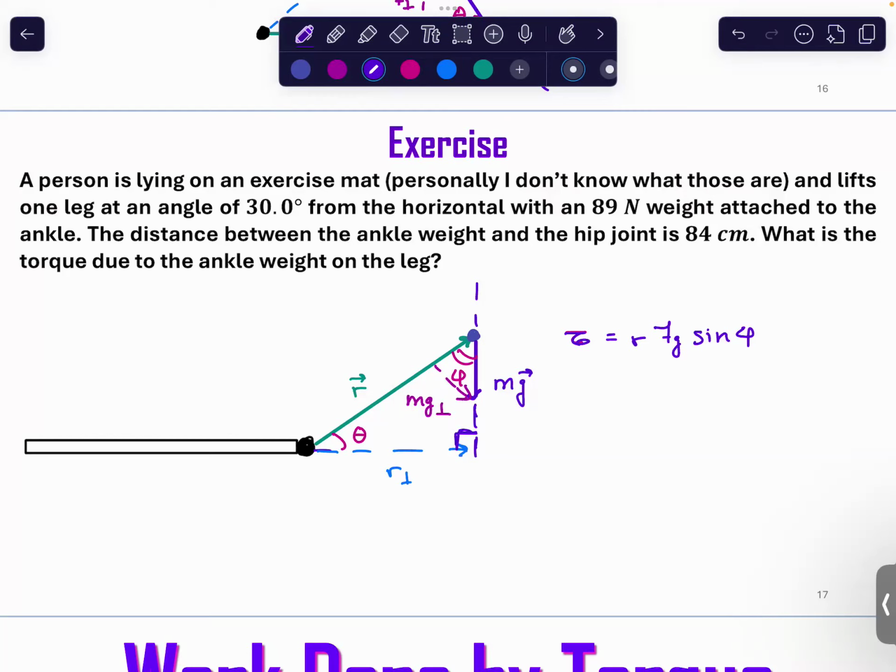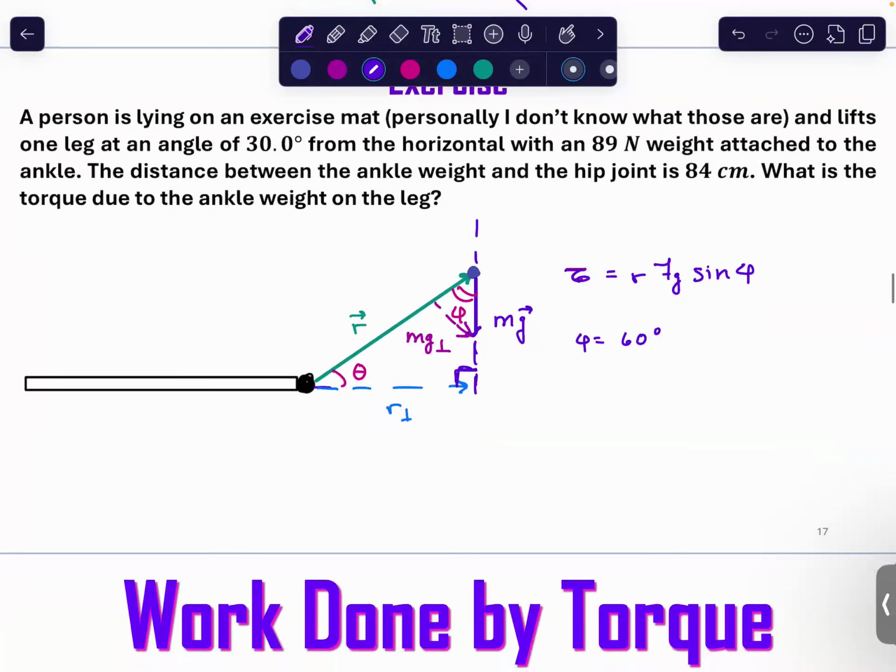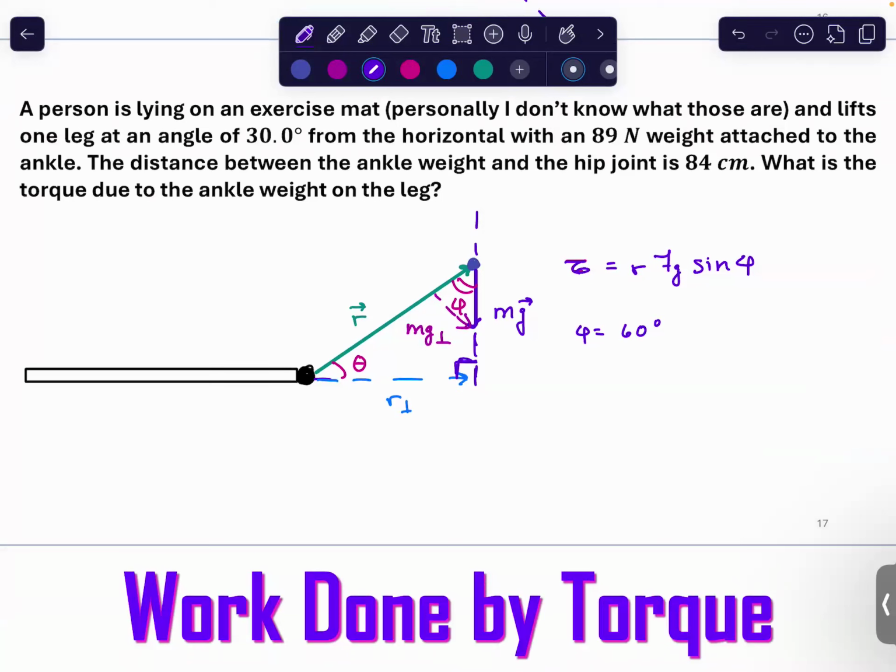And so if theta is 30 degrees, this is a 30, 60, 90 triangle, so phi has to equal 60 degrees. Okay, so then from here we say, well, torque due to the weight on the ankle. It's 84 centimeters away, so that's 0.84 meters.